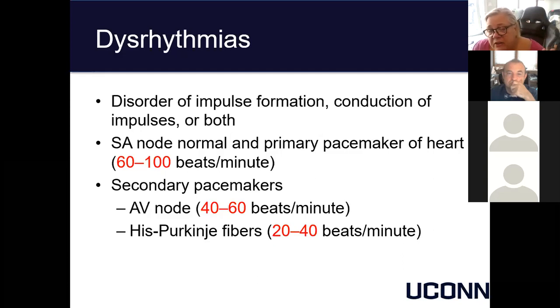And should the AV node fail, the His-Purkinje fibers have an intrinsic rate of 20 to 40 beats per minute. And again, you've got right-sided His-Purkinjes and left-sided, so you're going to have a very weird-looking QRS complex, but nonetheless, this is that intrinsic excitability, contractility, and conduction of each of those different pacemakers and tissues.